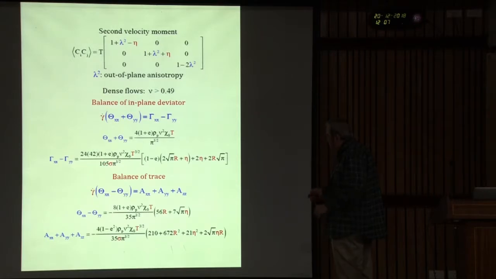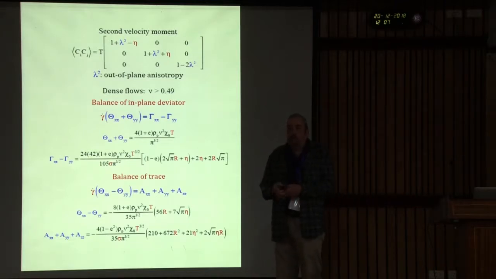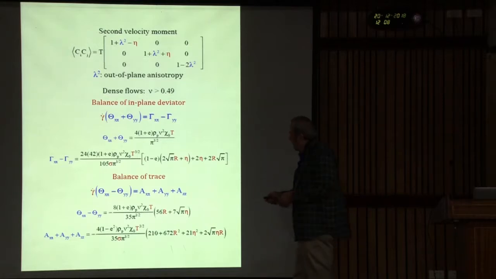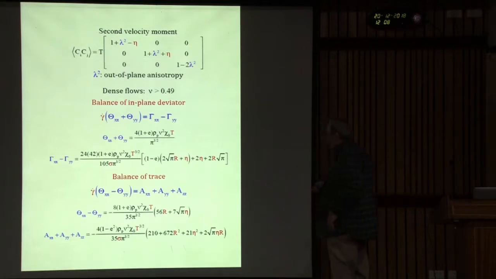So it's important to keep in mind that the particle diameter is appearing in the denominator of this expression for the collisional production. So that's one balance equation. Why do we introduce these balance equations? They serve to determine capital R and eta. So that's what we're trying to do. In this simple flow that's steady and homogeneous, we have algebraic equations. The balance law is reduced to algebraic equations for the determination of R and eta.